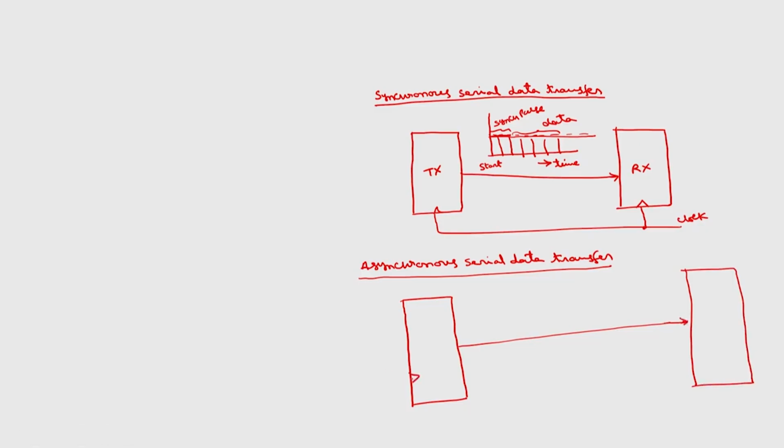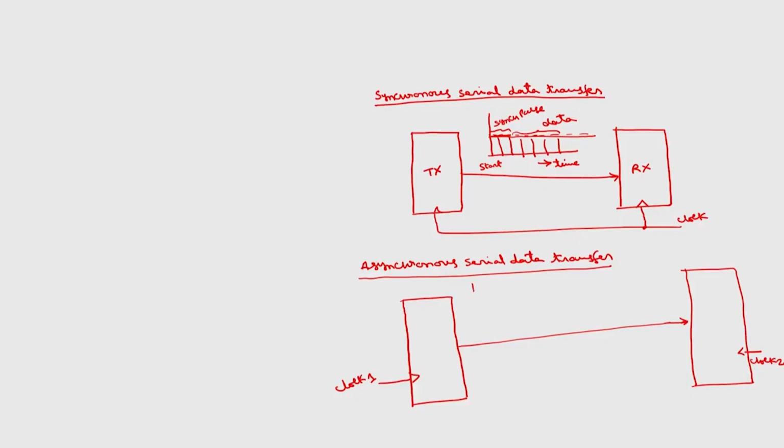But these two will be having different clocks. This is clock 1, the transmitter clock, and this will operate at some other clock, clock 2. This is the main difference between synchronous and asynchronous serial data transfer. Because the clocks are different, we have to transmit start and stop bits along with the actual data. If I take this frame structure, a frame is nothing but transmission of one complete byte.